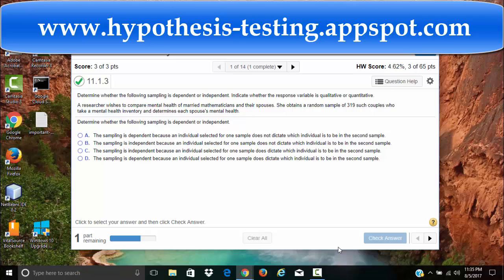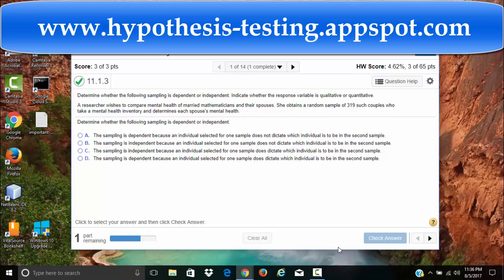So you ask yourself, the first event is taking the random sample of the 319 couples who took the health inventory, and the second event is determining the spouse's mental health. Can the second event occur without the first?